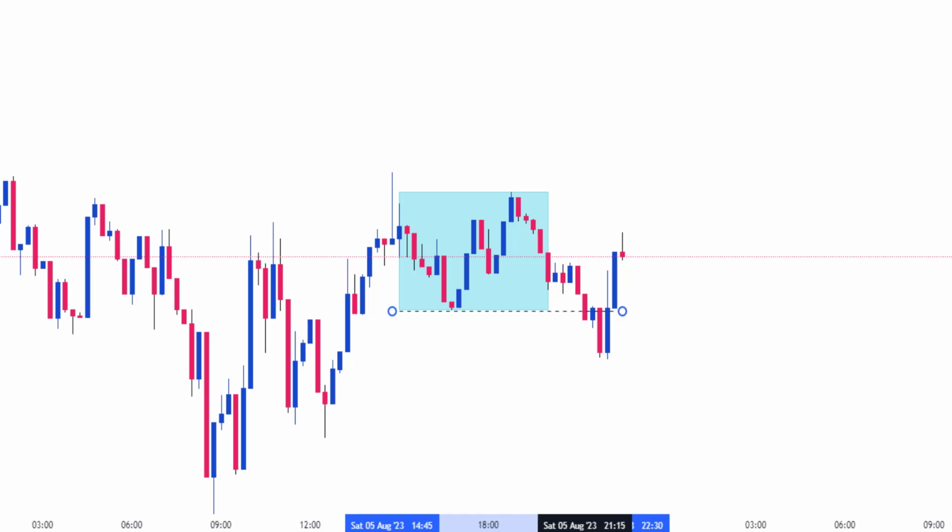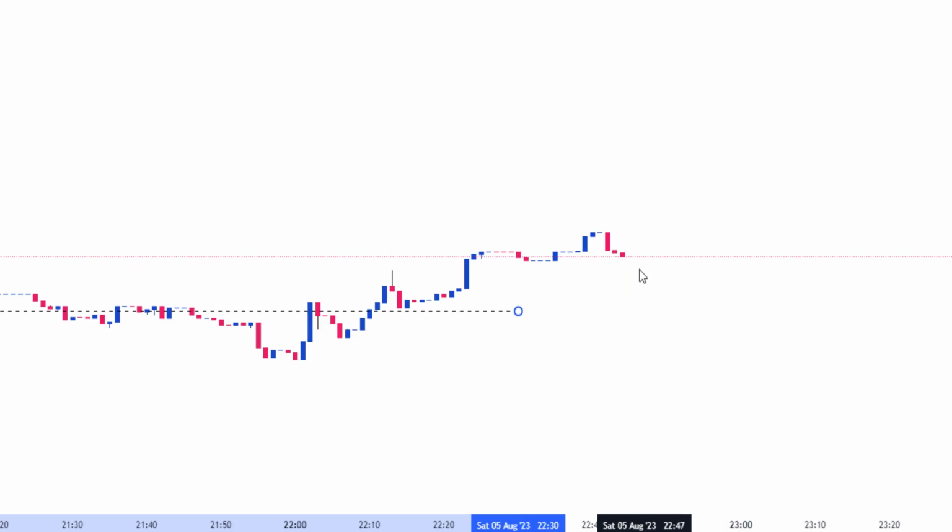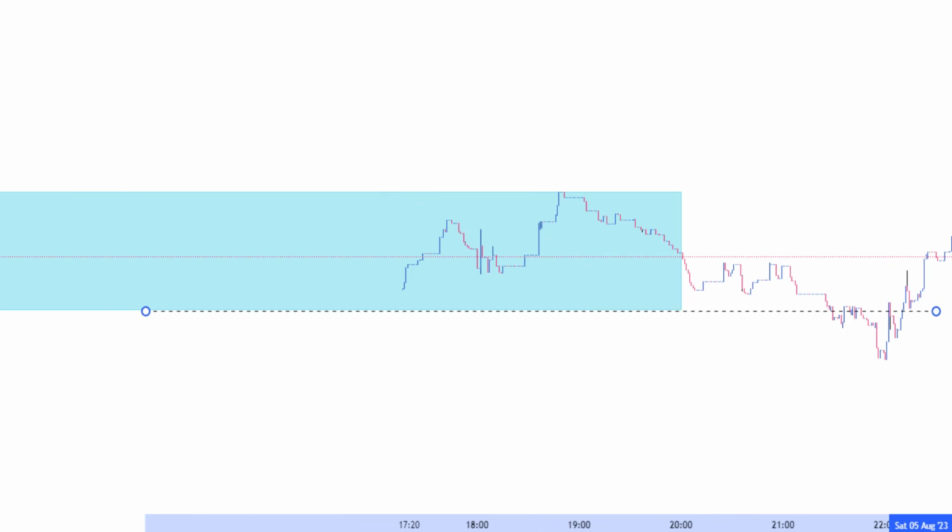Okay, we don't need to worry about any bias. We just have to focus on which of those areas did we see the liquidity grab happen first, and then price actually traded into this area, this level. All right, so we simply drop down to the lower time frame and watch out for what is happening there.